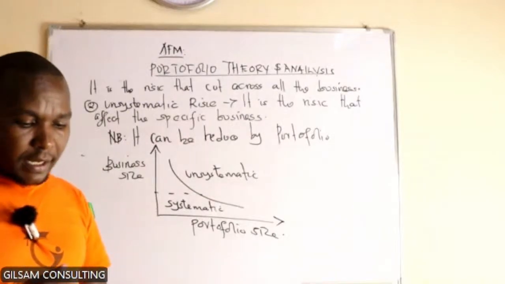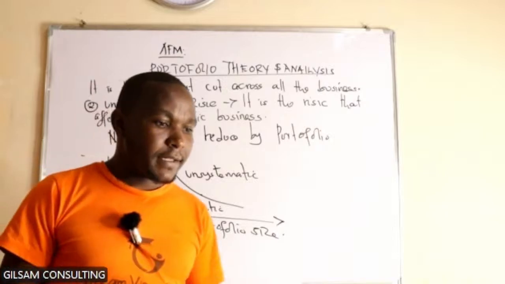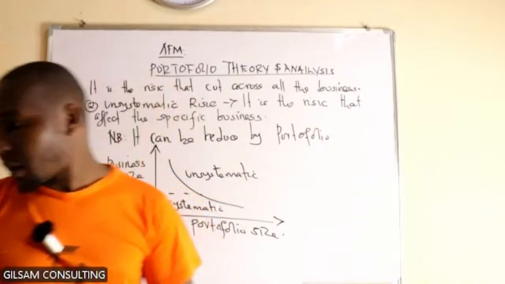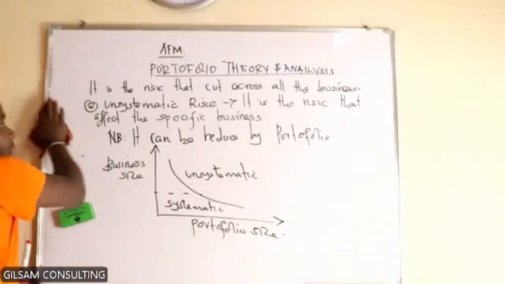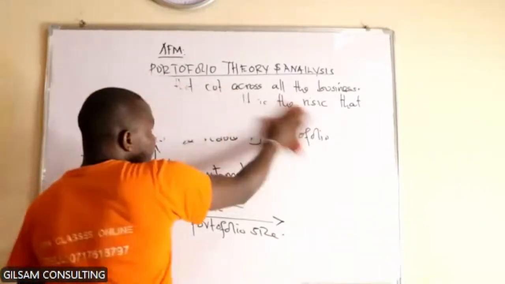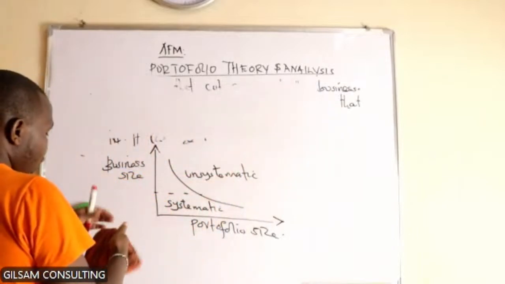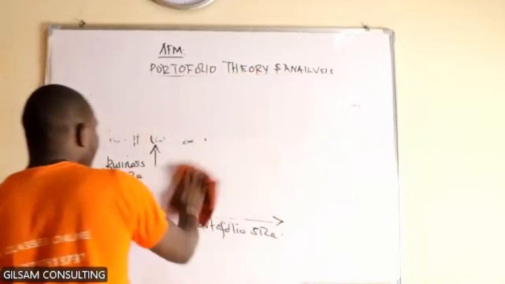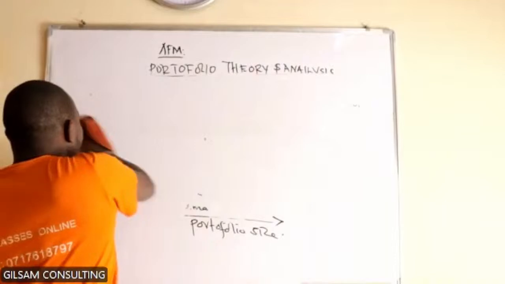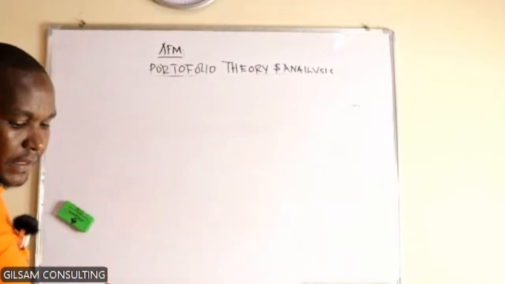So the probability for boom is 0.3 times 18, that is the expected return. For recession, 0.45 multiplied by 16. Make sure you don't forget how to calculate expected return. 0.25 multiplied by 9. We did that in the introduction.